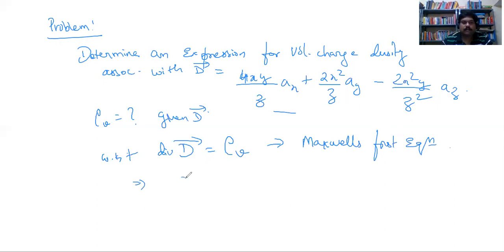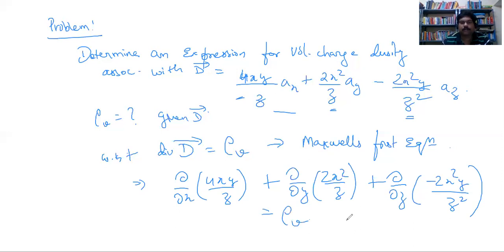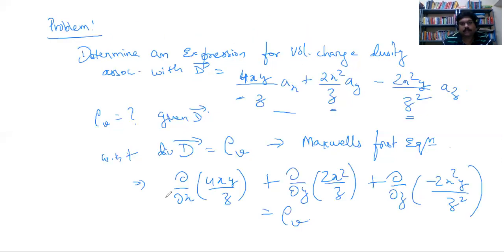So this becomes nothing but dou by dou x of Dx, means this one, 4xy by z, plus dou by dou y of Dy, means this, x square by z, plus dou by dou z of Dz, means minus 2x square y by z square. So this is nothing but volume charge density rho v. To solve this, we get the divergence of D equals rho v equals 4y by z cube x square plus x. So just verify this by taking partial differentials here.